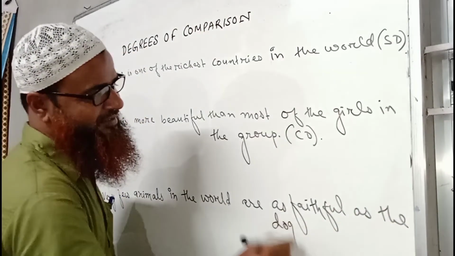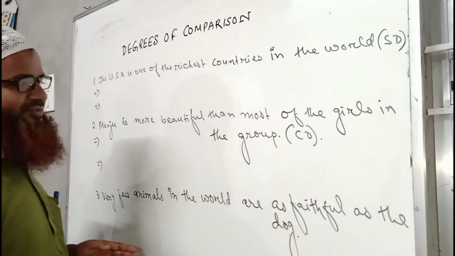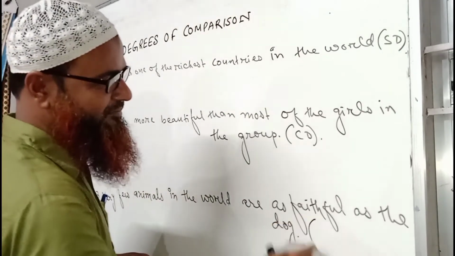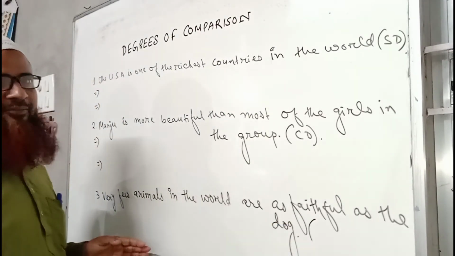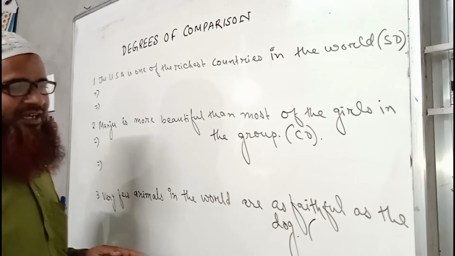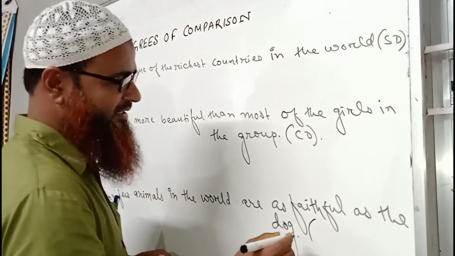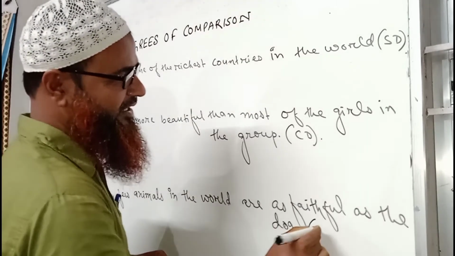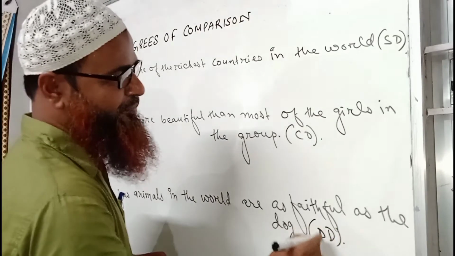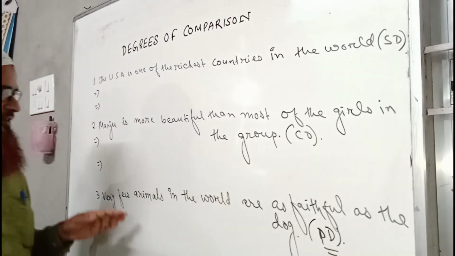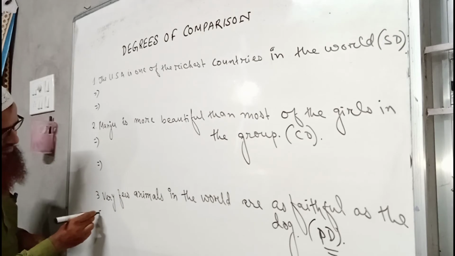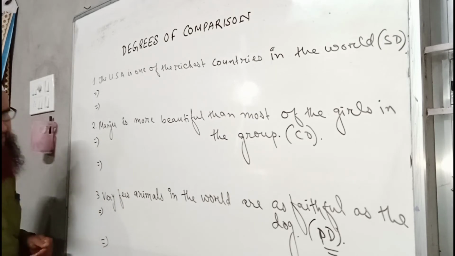This is a very important sentence which is commonly acknowledged by everyone, that dog is one of the most faithful animals of the world. This is in positive degree. So you see, I have written here three sentences of three degrees.